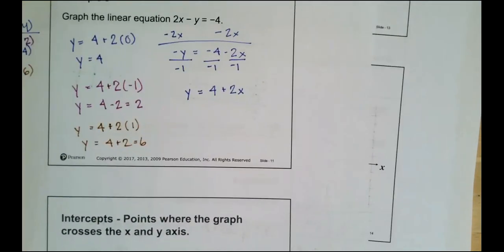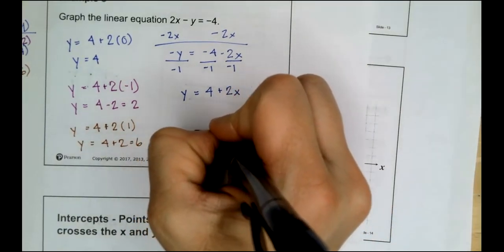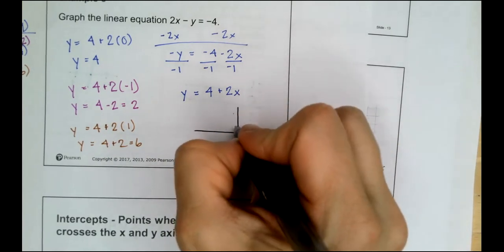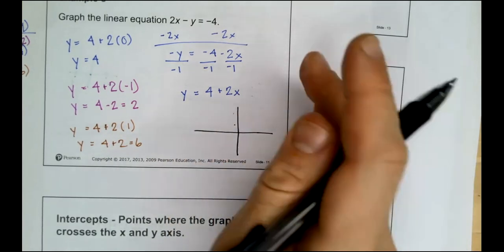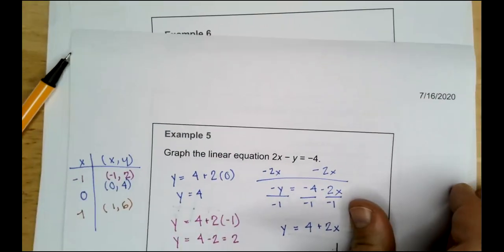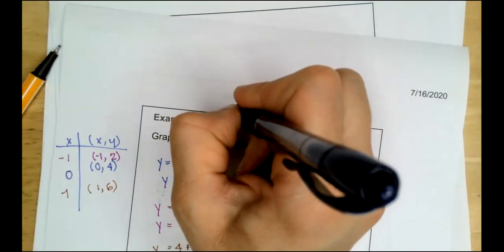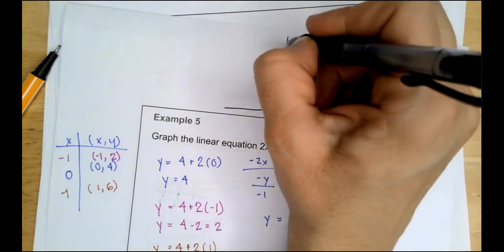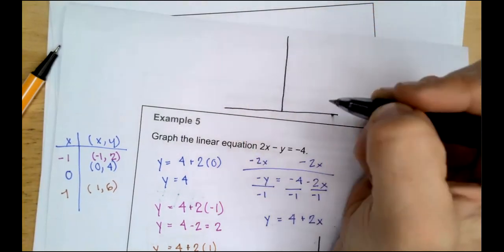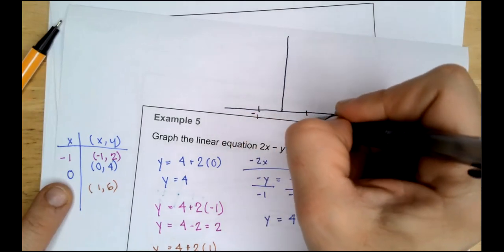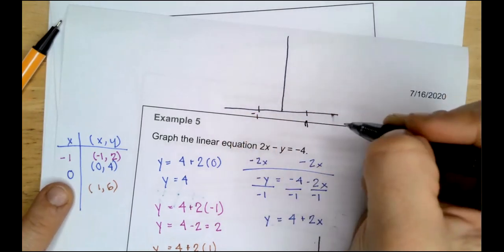And if you were to graph it by hand on your XY axis, I need to restart. So my y's are all positive, 2, 4, and 6. So I'm going to make my x-axis down here, y-axis tall. So between an x of -1, 0, and 1, that's 1.